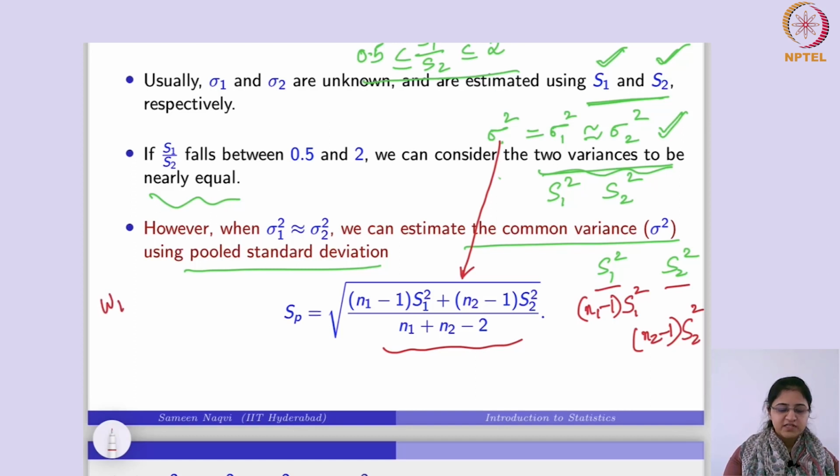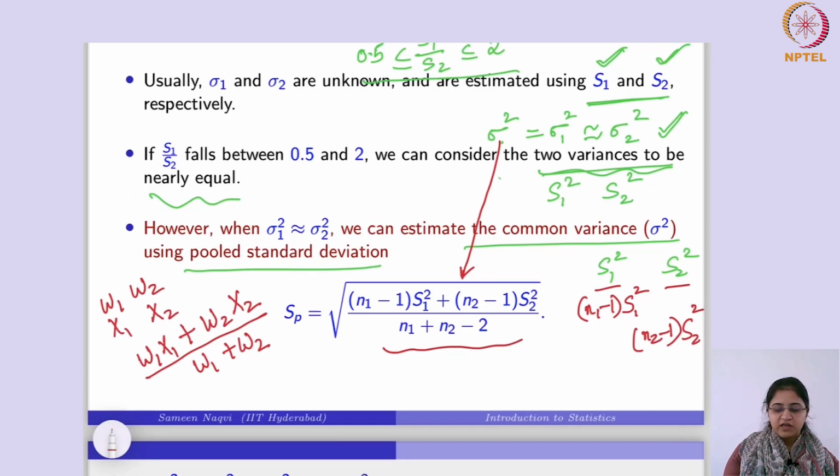If your weights are W1 and W2 and your random variables are X1 and X2, the weighted average would be W1 X1 plus W2 X2 divided by the total weight. In this case, the total weight would be n1 minus 1 plus n2 minus 1, which is essentially n1 plus n2 minus 2. Okay, so this is basically your weighted average.